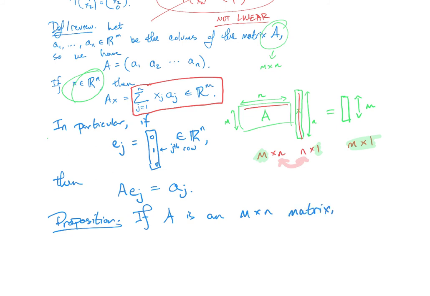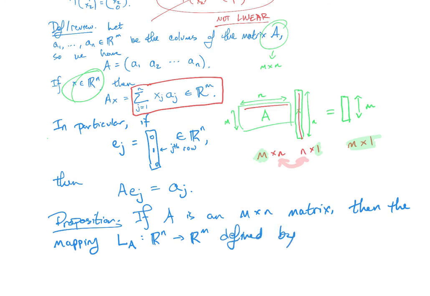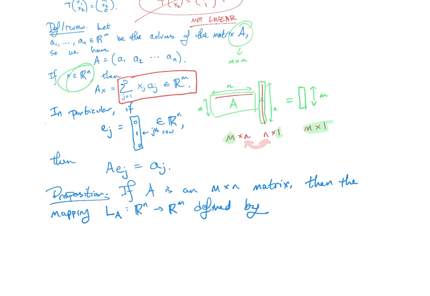Okay, so here's a proposition. If A is an m by n matrix, then the mapping, we're going to call it L sub A, which goes from Rn to Rm, defined by what we just did, is linear.